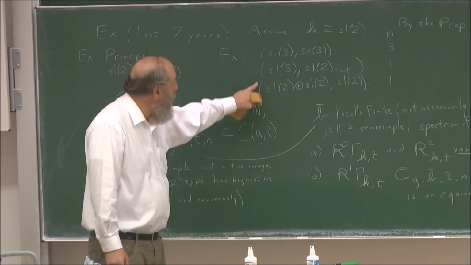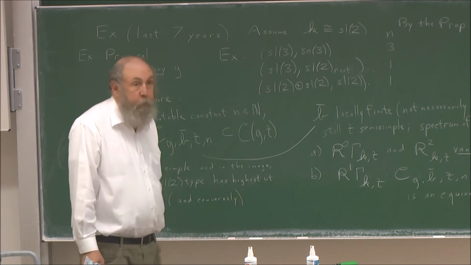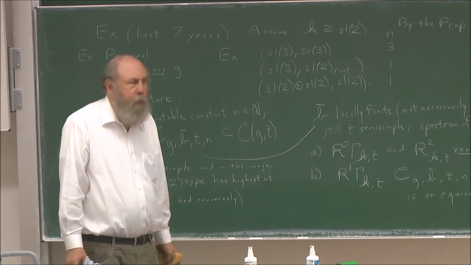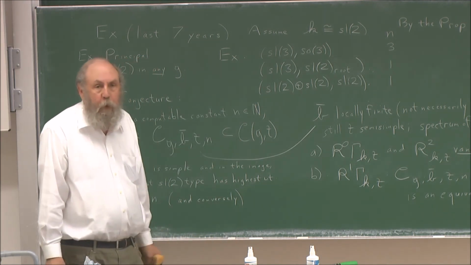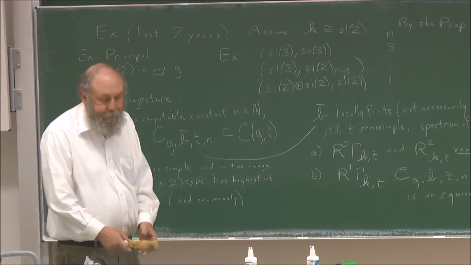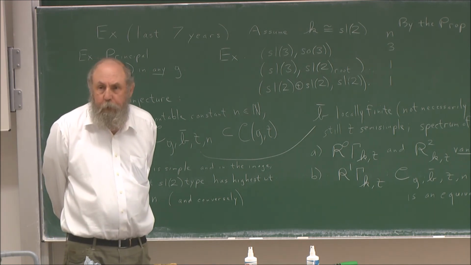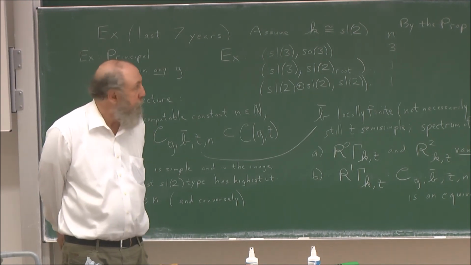Things look a lot better for these 2 symmetric pairs, but still, we have to exclude the case of n equals 0, which looks kind of strange. But of course, for these pairs, the Harish-Chandra modules have been known forever.